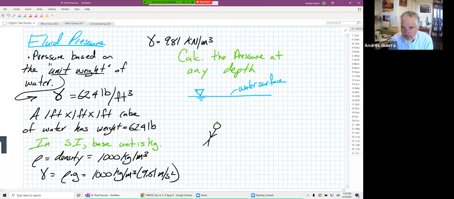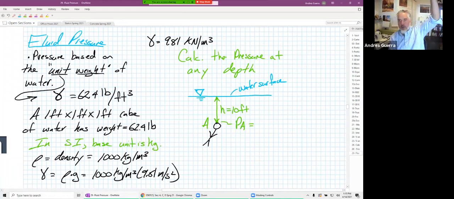So let's say we want to calculate the pressure right there on the top of our head. And let's say we're at a depth here of H equal to 10 feet. And so what is our pressure right there at point A? Well, it's just based on the weight of water and how much water we have above our head.